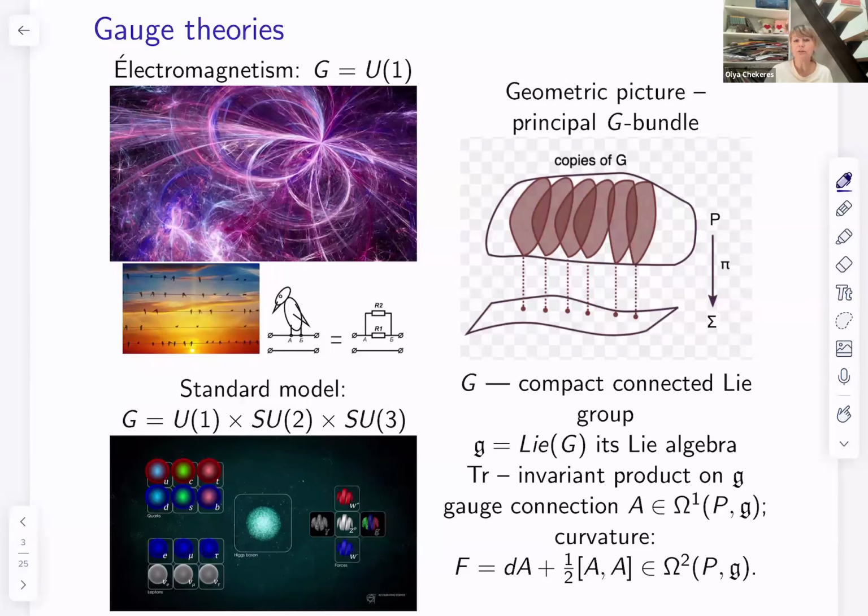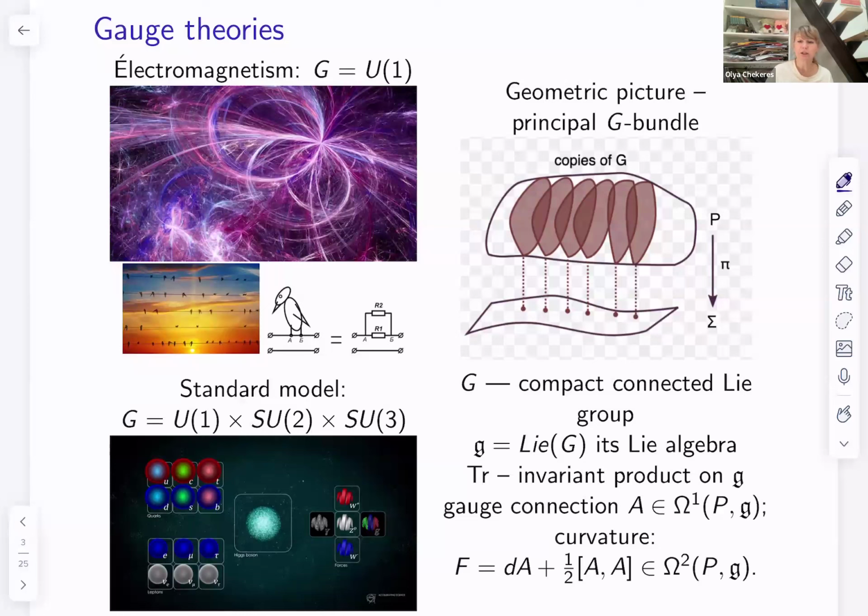So the general setup for a gauge theory from the point of view of geometry is: given a compact connected Lie group G, there is its Lie algebra, and trace stands for an invariant product on this algebra. The gauge connection defined on the principal bundle, which corresponds to the physics notion of gauge potential, is a one form on this bundle taking values in the Lie algebra.